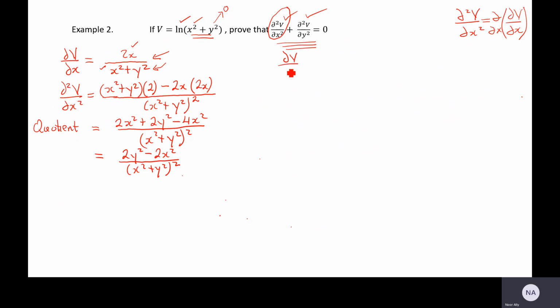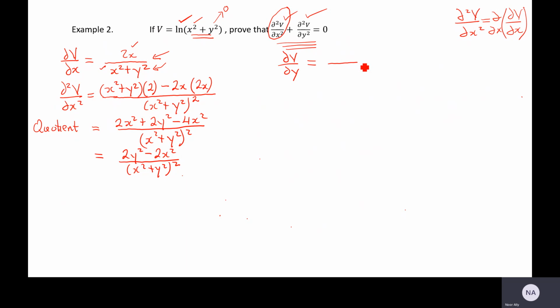Partial dv, partial dy, partial derivative of v with respect to y. Right. So now it will still be ln of x squared plus y squared, but in this case, x will be the constant.